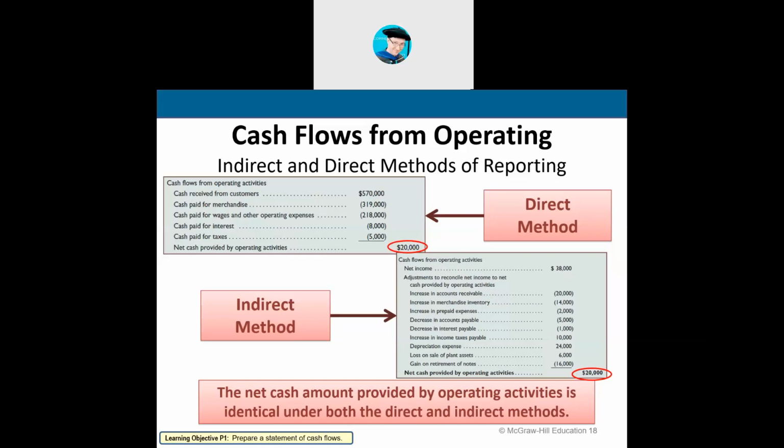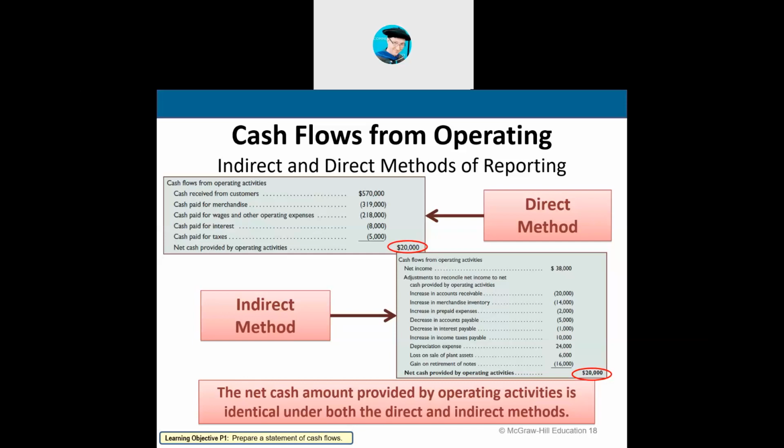Cash inflow minus all of your cash outflows equals net cash flow. That's direct. Why is it direct? It's easy. It's straightforward. It tells us exactly what happened. And it's short. It's easy to understand.